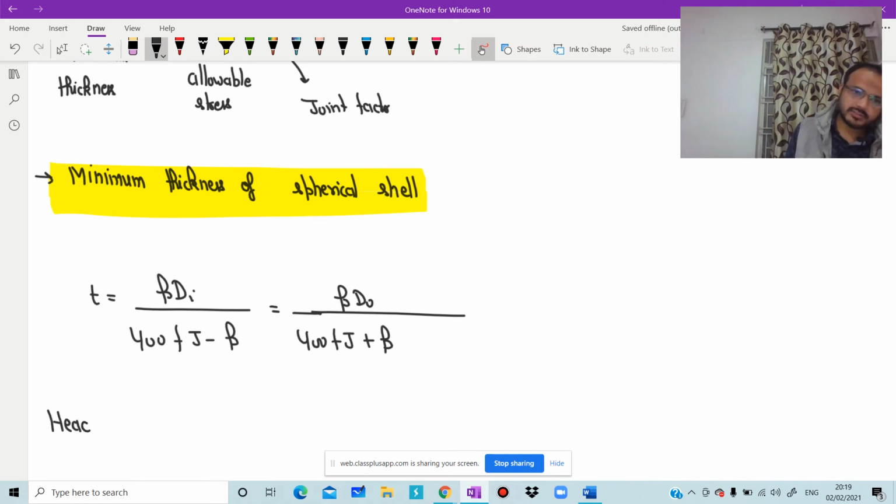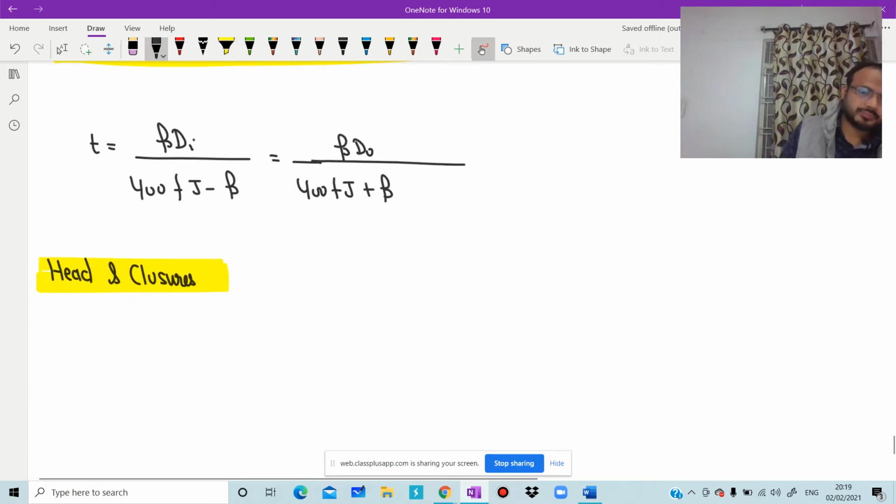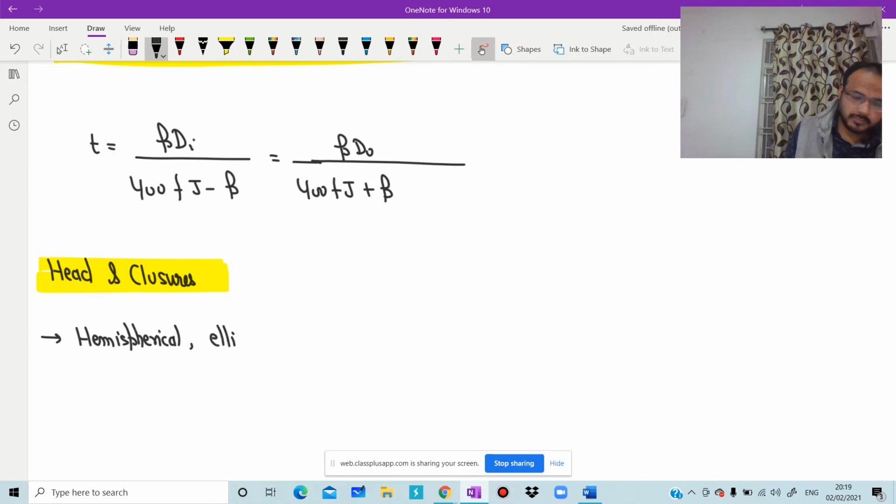Next, head. Write down first point. Hemispherical, ellipsoidal, and torispherical heads are collectively known as domed heads.